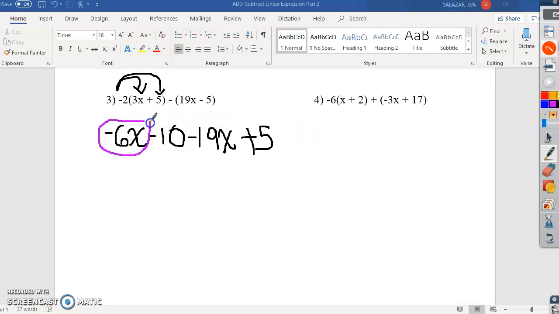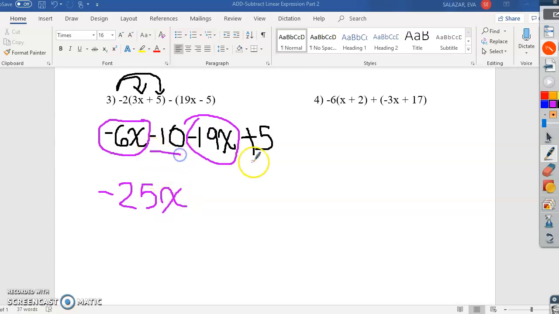So negative 6x, negative 19x, like terms. I'm going to combine them. Since they are both negative, I will be adding. I'm going to keep my negative sign, so that would be negative 25x. Same signs you add, keep your negative.